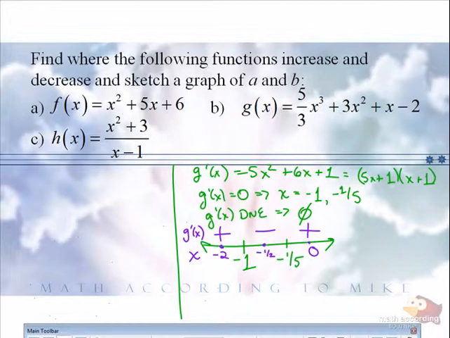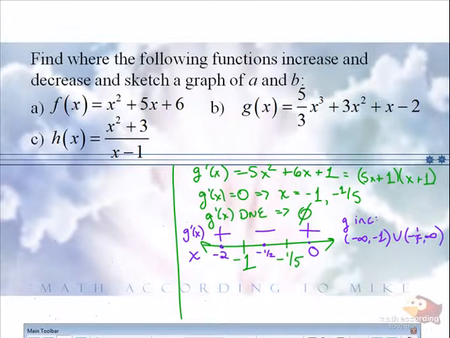When the derivative is positive, the function is increasing. So where is the derivative positive? Negative infinity to negative 1. And then where else is the derivative positive? Very good. So again, once you've found those signs, you don't need the test numbers anymore.